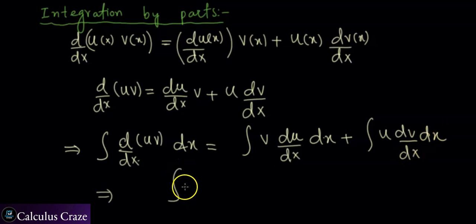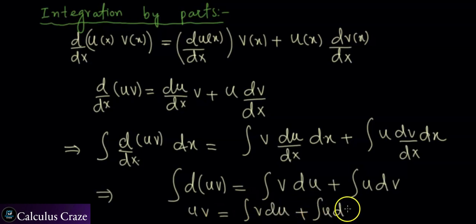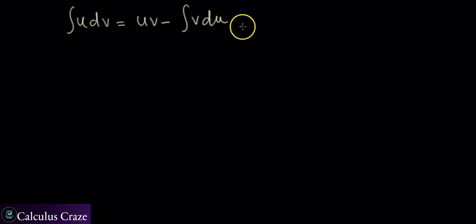So the integral of the differential of uv is the same as v du plus u dv. Because it's the differential and integral together, uv is equal to the integral of v du plus the integral of u dv. So from here, the integral of u dv is equal to uv minus the integral of v du. So that's the integration by parts formula.